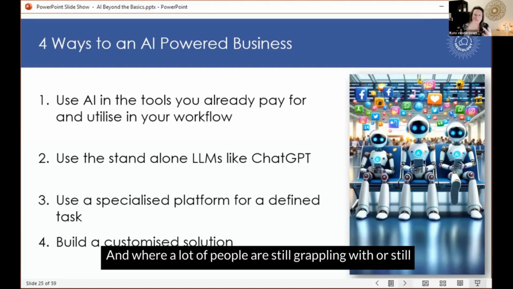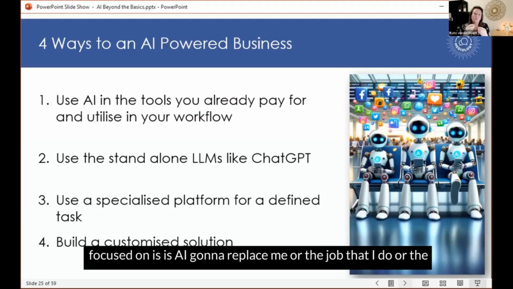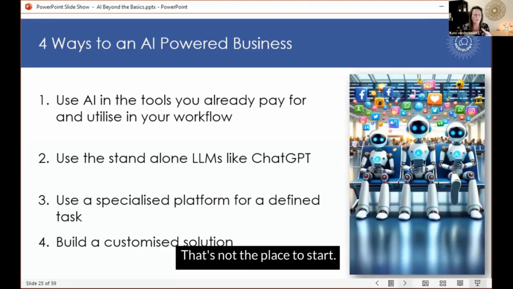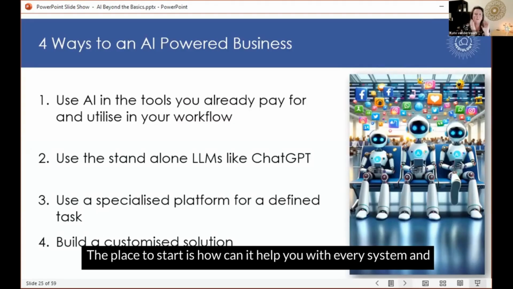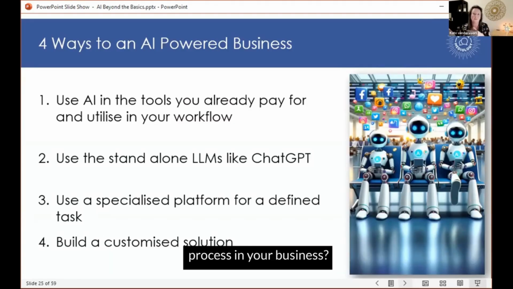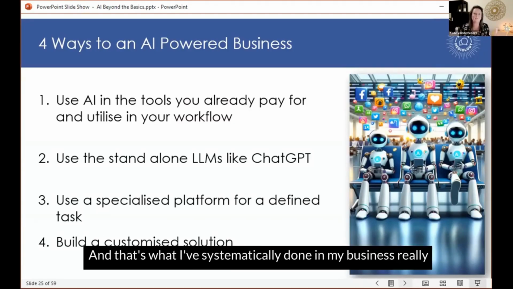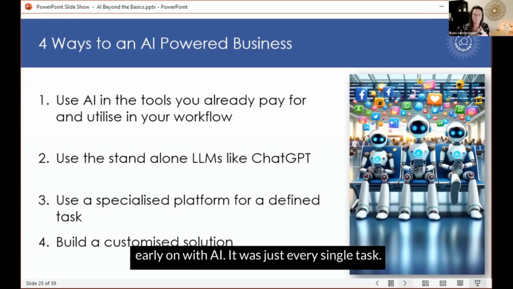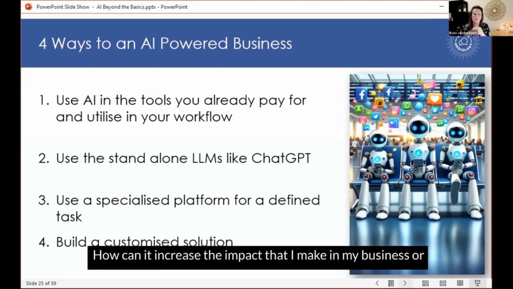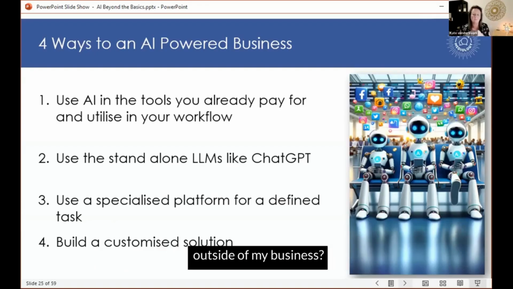And where a lot of people are still grappling with or still focused on is, is AI going to replace me or the job that I do or the task that I perform? That's not the place to start. The place to start is how can it help you with every system and process in your business? And that's what I've systematically done in my business really early on with AI. It was just every single task. How can AI make this more efficient? How can it make me more effective? How can it increase the impact that I make in my business or outside of my business?